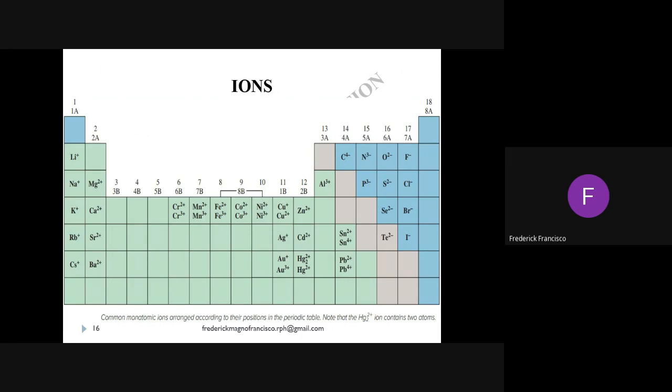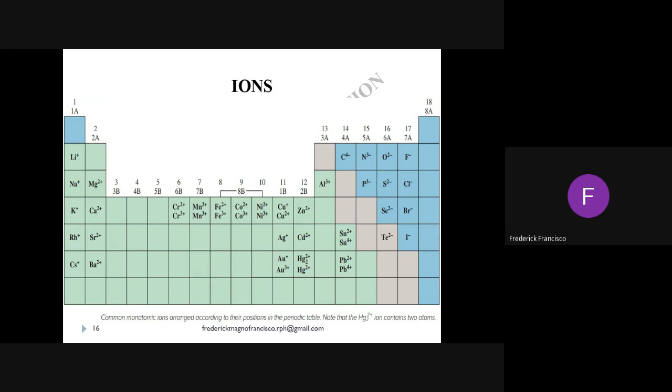An ion is an atom or a group of atoms that has a net positive or negative charge. The loss of one or more electrons from a neutral atom results in a cation, an ion with a net positive charge.